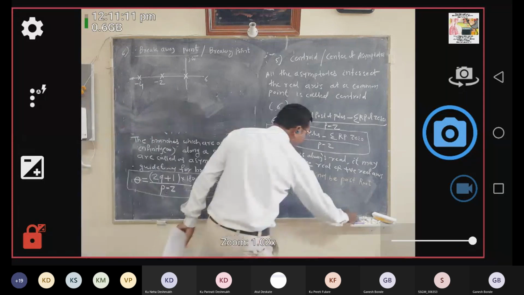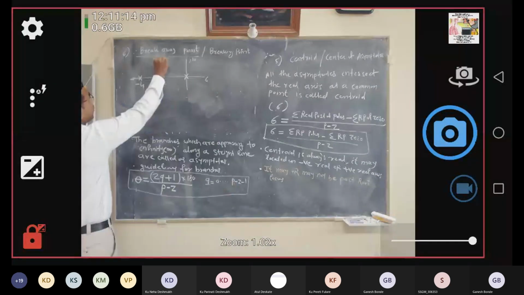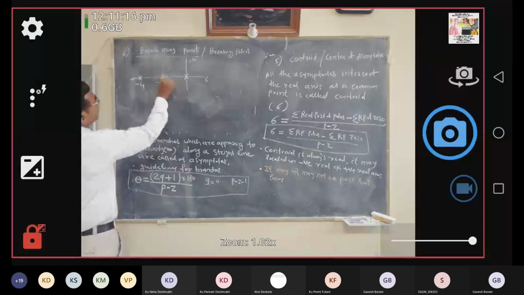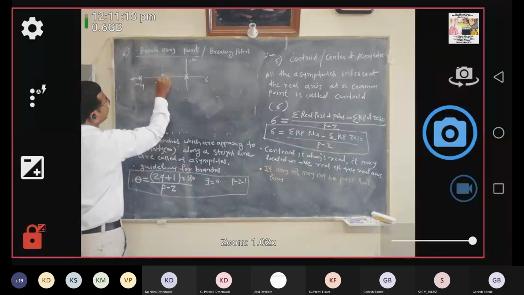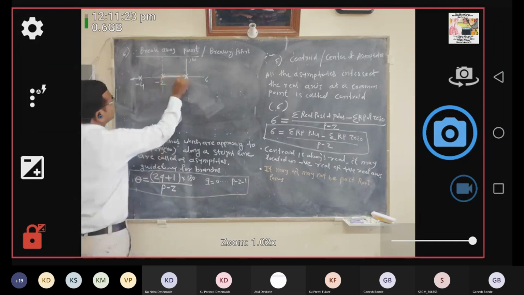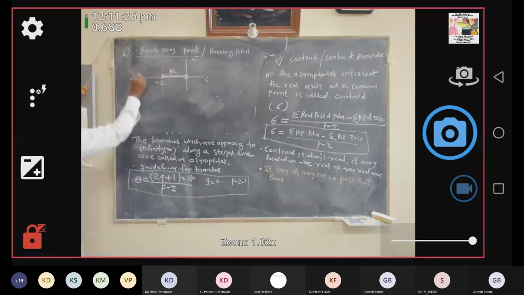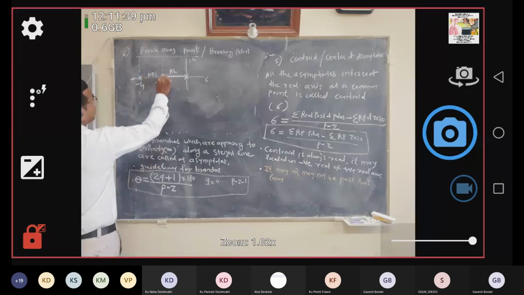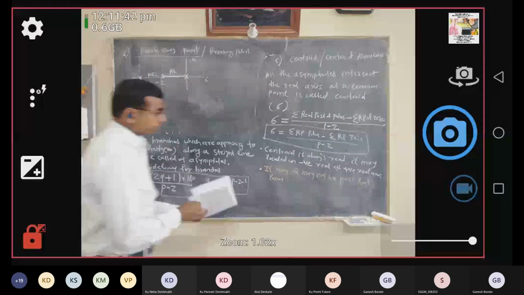This section is a part of root locus, therefore we darken this section. Beyond this, P plus Z is 2, so this section is not a part of root locus. After applying step number 3, we get this information.